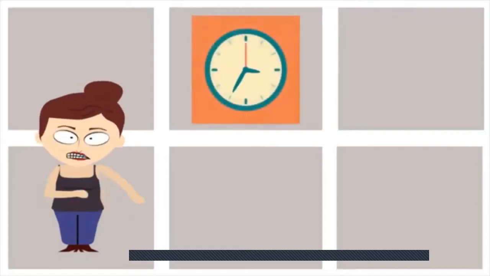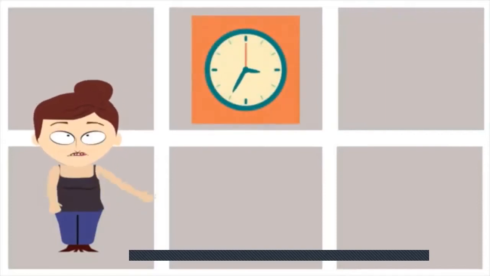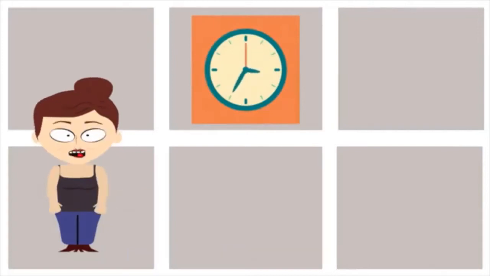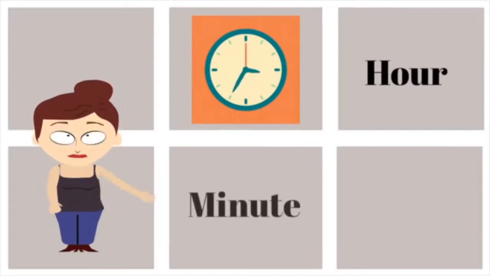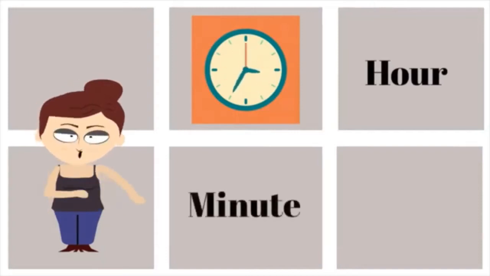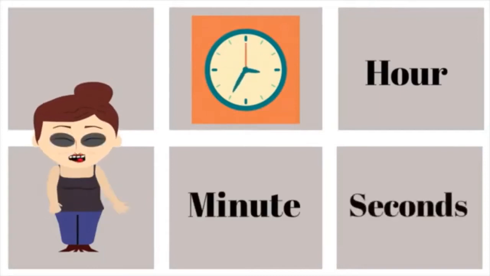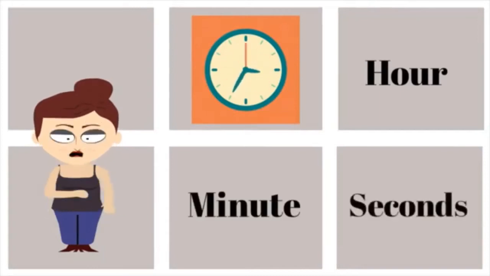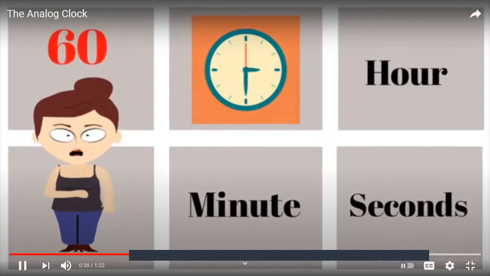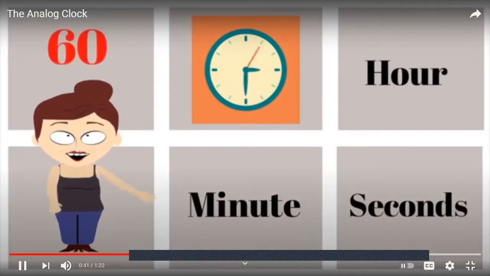Hello, children. Have you seen the clock on the wall? In your room and in the house, everywhere. It tells us the time. It shows us three things: hour, minute, and the seconds. The slimmest needle is for the seconds. It rotates around the clock 60 times to make up 1 minute.